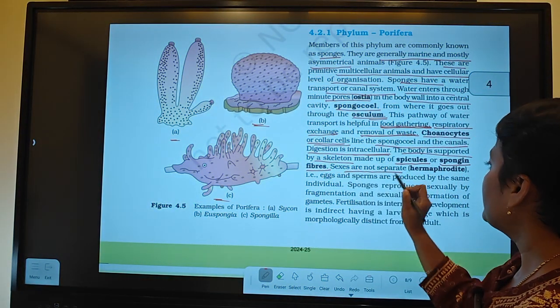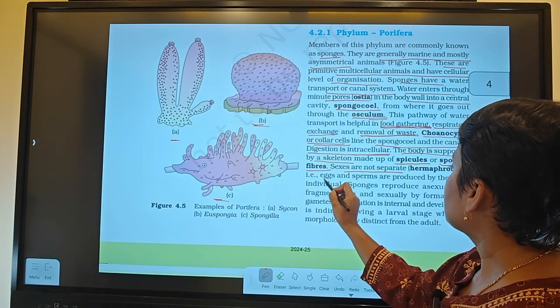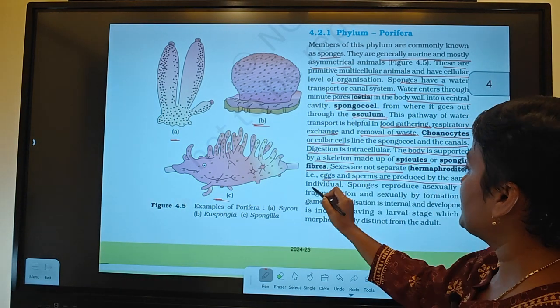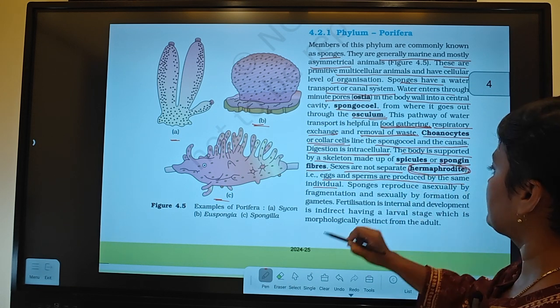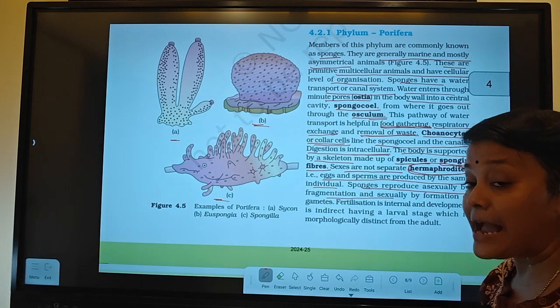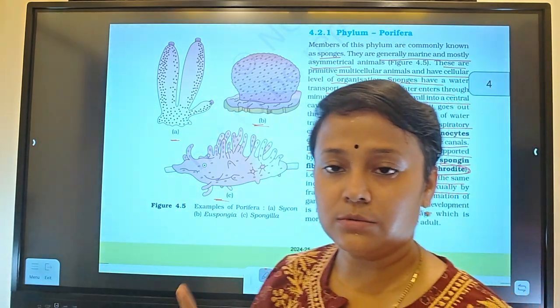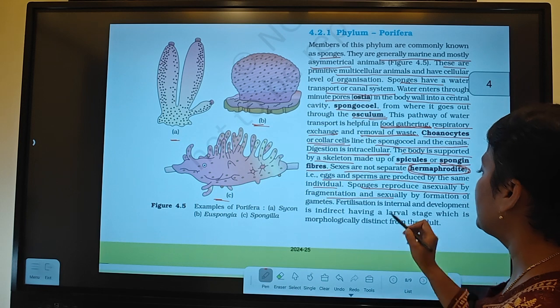Sexes are not separate, which is called hermaphrodite. The eggs and sperms are produced by the same individual. That's why it is called hermaphrodite. Sponges reproduce asexually by fragmentation and budding. You add this point as I already discussed, fragmentation and budding.